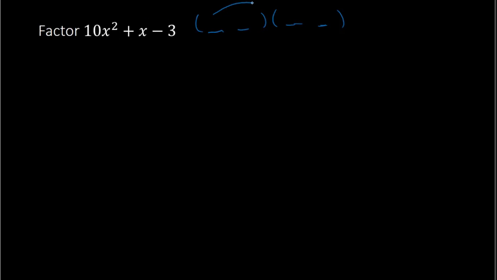We know the first terms multiply together to get 10x squared. What different ways can we have 10x squared? The factors could be 10x and x, so it could be 10x times x, or it could also be 5x times 2x, because those would also multiply to get 10x squared.